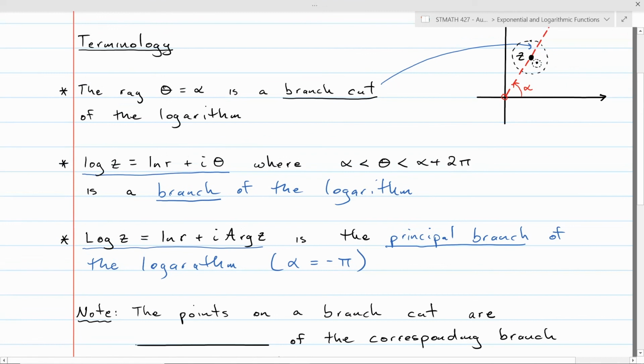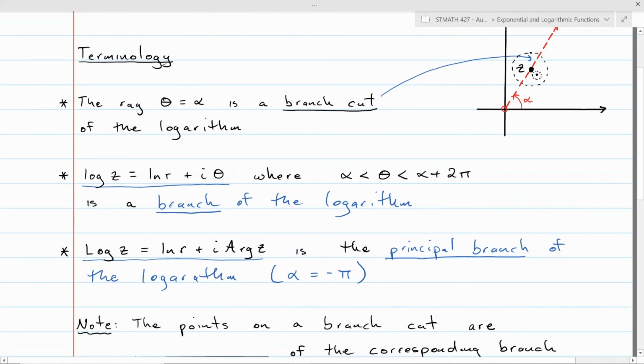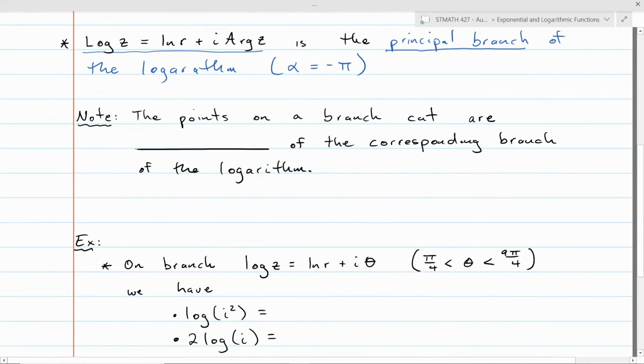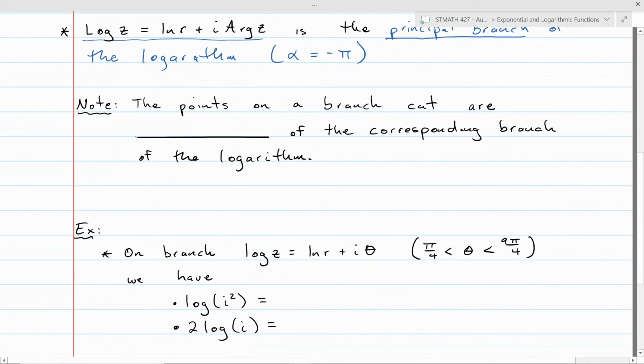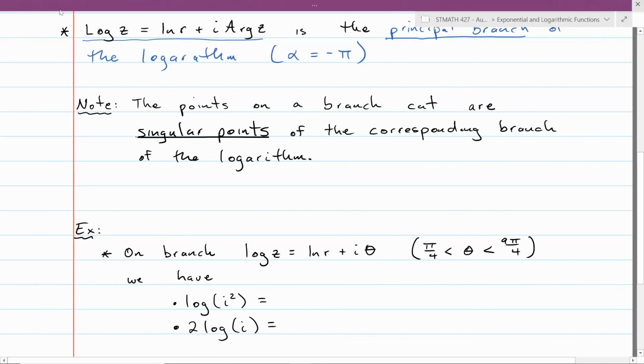Even though the function itself is not defined at that z, it's not differentiable at that point, it's differentiable all around it, sort of. So that's what we call a singular point, you may remember. So points on the branch cut are singular points of the corresponding branch of the logarithm.